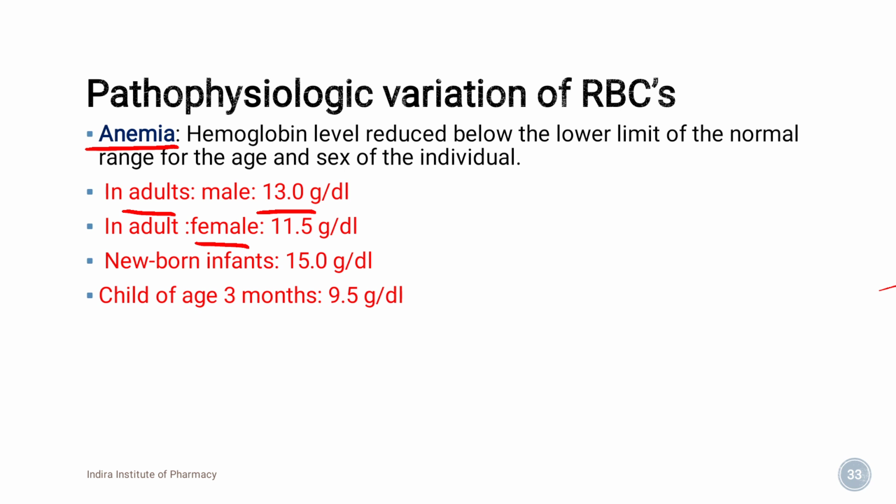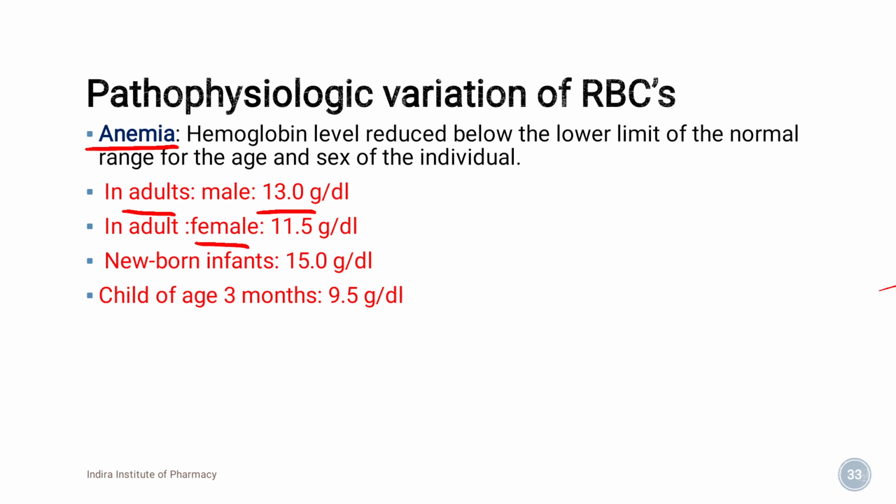So what if this hemoglobin level, which is required for transport of oxygen, goes down? The condition where hemoglobin level goes down is called anemia. So hemoglobin level is reduced below the lower limit of normal range for age and sex of the individual.